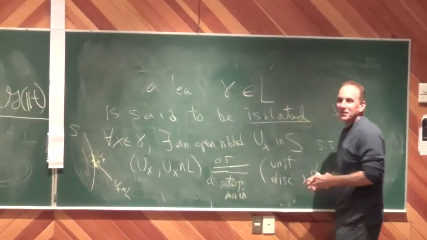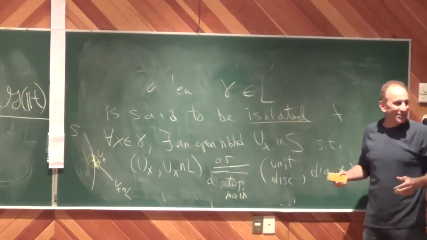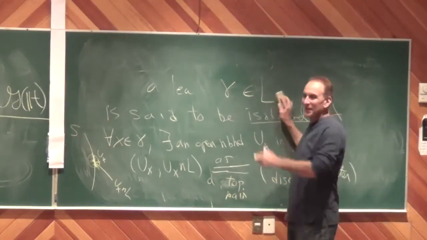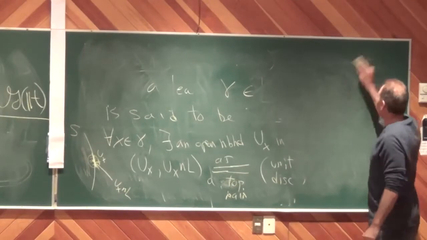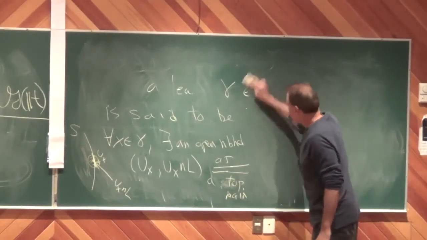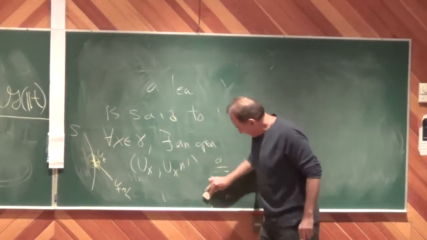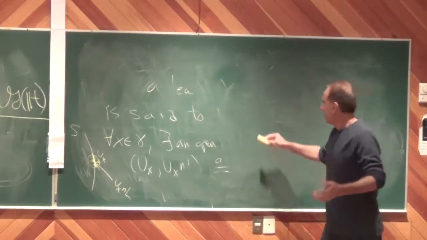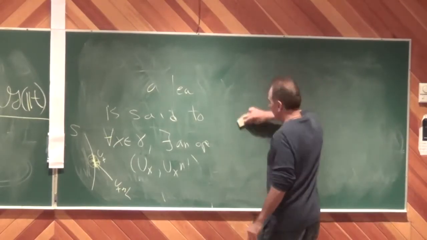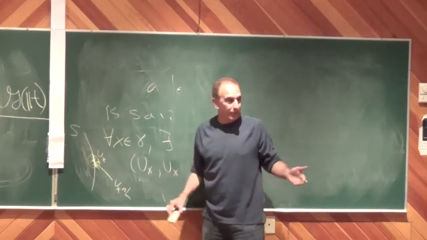So let me digress. Maybe this whole thing is a digression, but let me digress from this discussion and just remind you of something that maybe you saw a long time ago, maybe you didn't, and this is called the Cantor-Bendixson derivative. So what is it? Well, you could define this for any topological space.